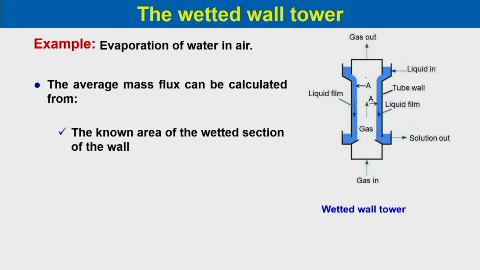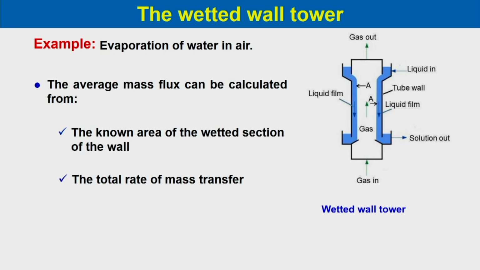As the film length is known for a certain distance, you know the area of the surface, so it is easy to find out the average mass flux through these experiments.